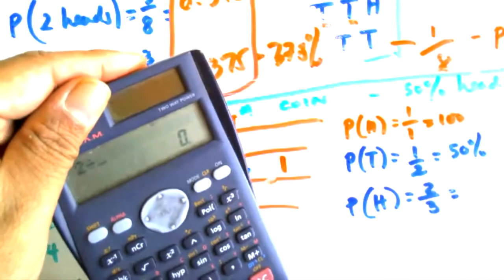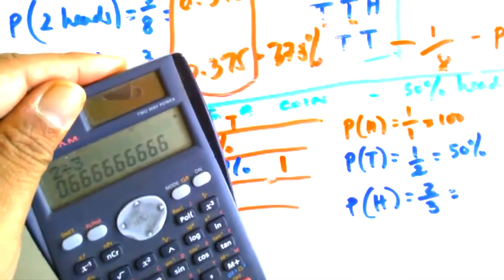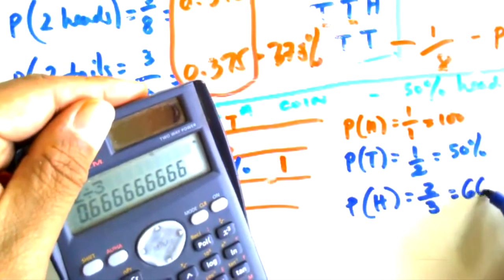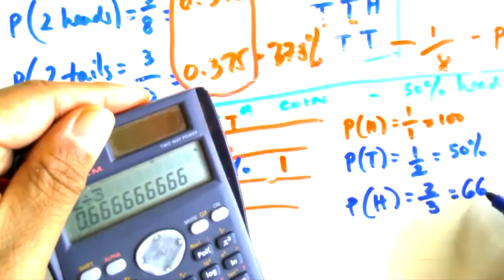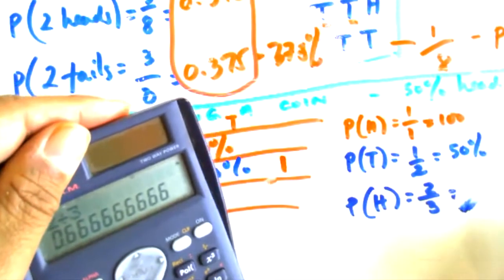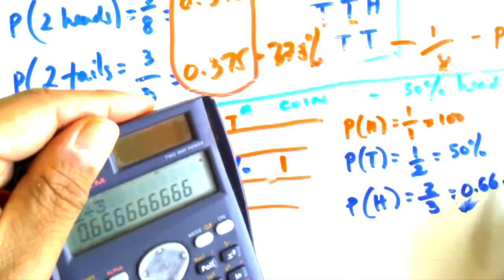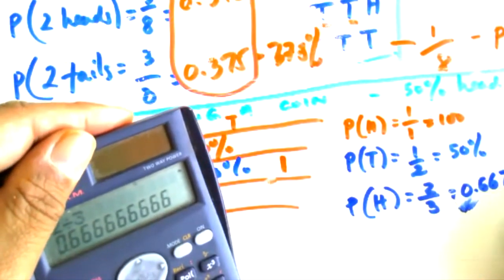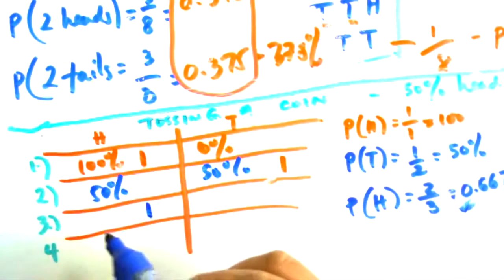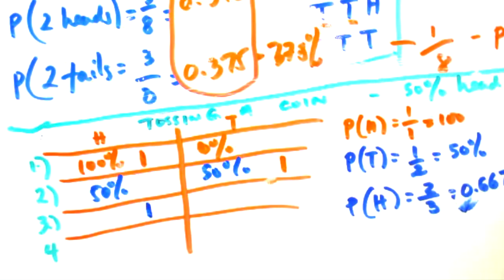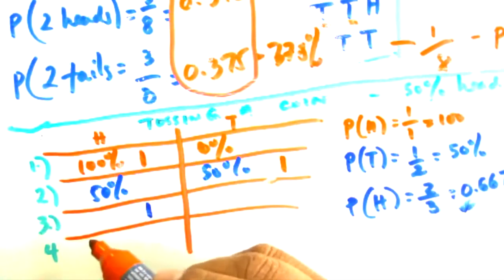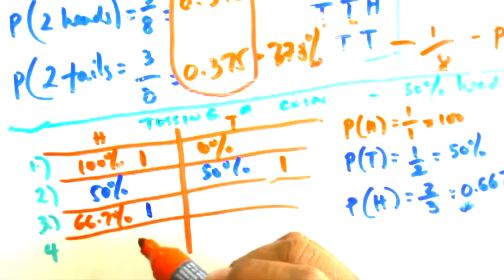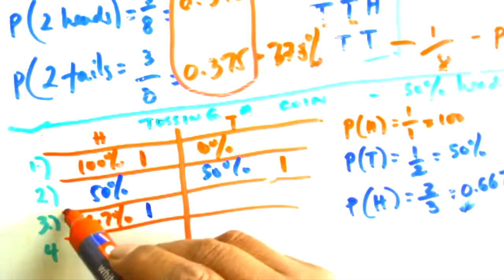It will be 2 divided by 3, and your answer is 0.667, or 66.7%, and you put that in here. You put all the percentages in here. So we go through all of this.